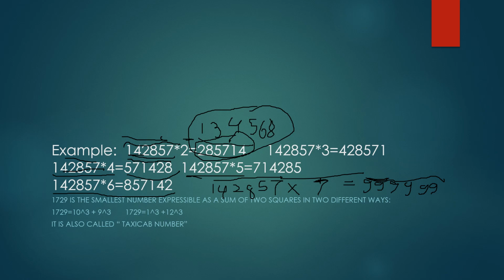Simply, the number obtained by multiplying 7 with this number is not a permutation of the digits of this number. We don't have 1, 4, 2, 8, 5 or 7.